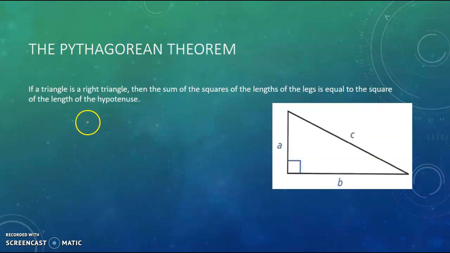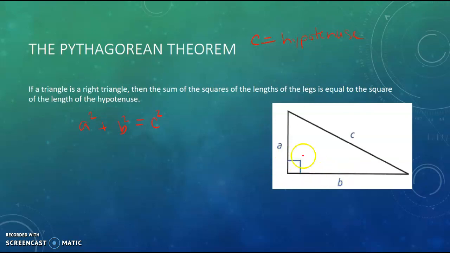So what that means is the sum of the squares. So we have A squared and B squared, and sum means plus, is equal to the length of the hypotenuse, which is C. Now, the hypotenuse is always C. So C always equals the hypotenuse.